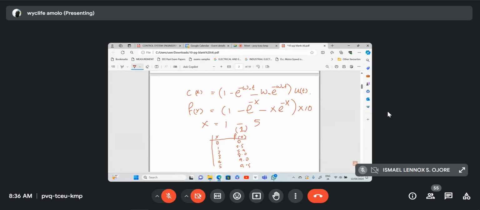And if I draw this kind of thing, I'll have my 0 there, I'll have my 5 and 10, because I've multiplied by 10, so it's a step response of 10.